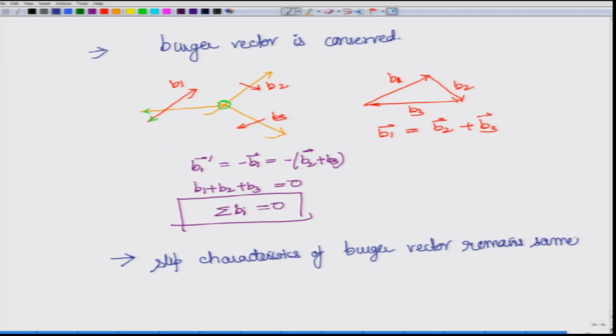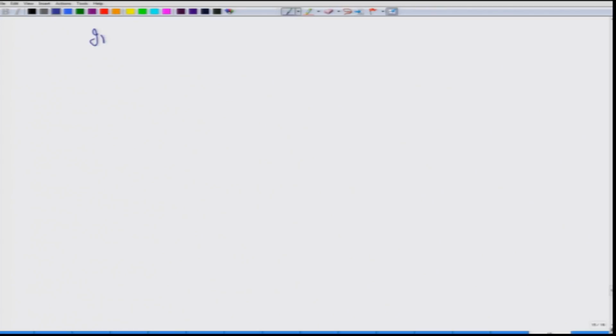What we are trying to say here is that if you move from screw dislocation to edge dislocation, the type of slip that this will provide will remain the same, no matter whether you are in the screw dislocation part or in the edge dislocation part, but since they have the same Burgers vector, they will provide the same type of slip.